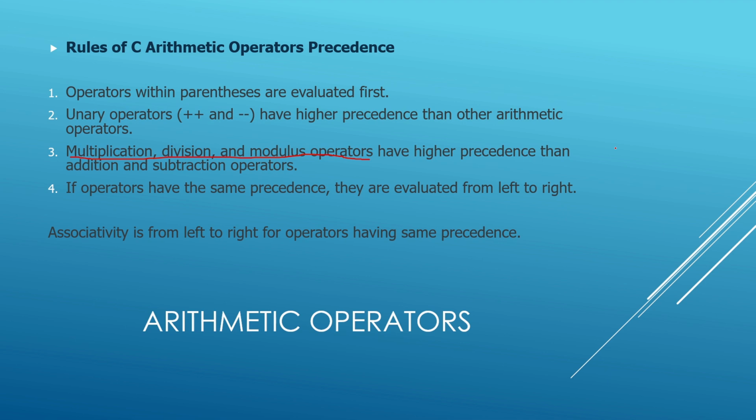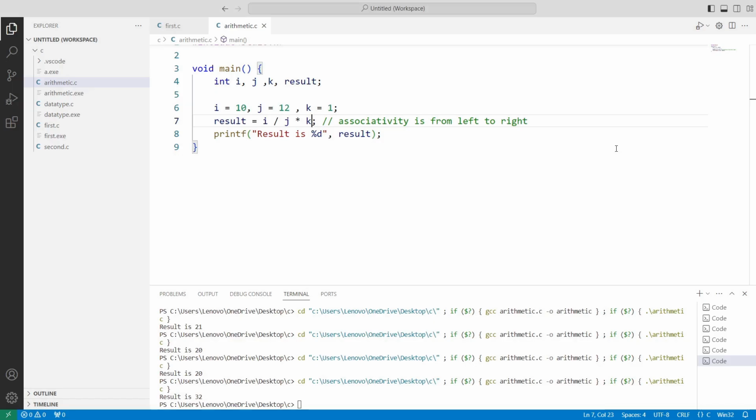They have higher precedence than addition and subtraction operators. So they will be evaluated first. Multiplication and division have the same precedence. Plus and minus have the same precedence. But now the order of evaluation will be from left to right. So that is, associativity is from left to right.